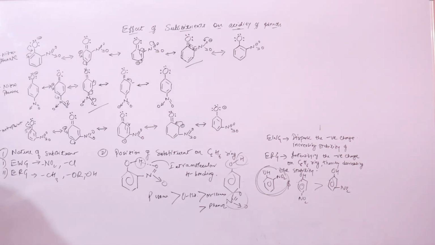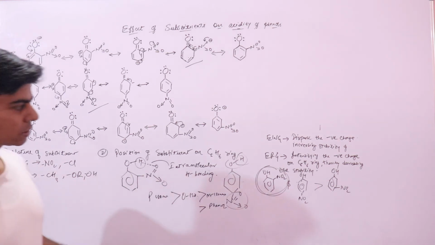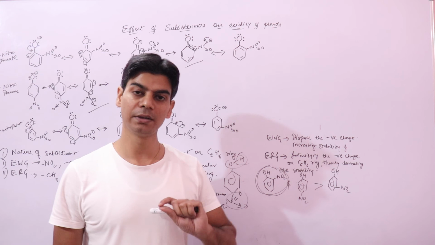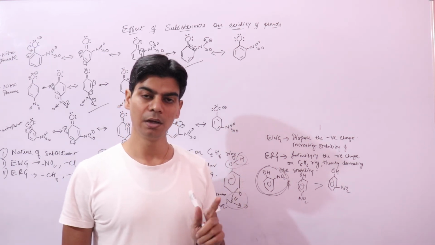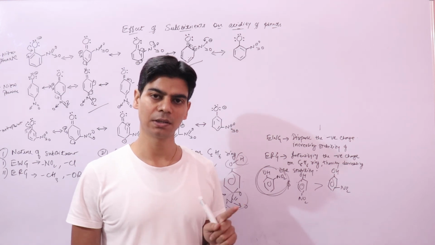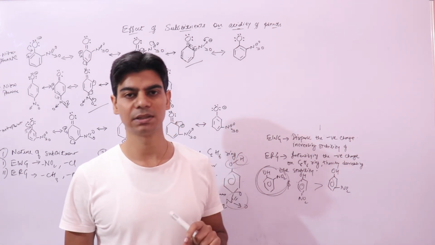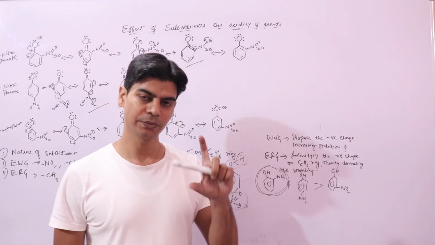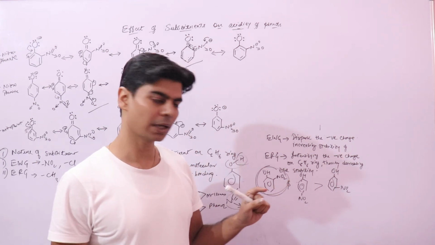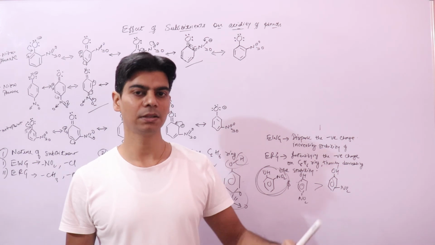As we discussed earlier, the presence of an electron releasing group, a group that releases electrons into the benzene ring, will intensify the negative charge, and when it intensifies the negative charge, it will decrease the stability, because that ion with more negative charge will combine with hydrogen ion and lessen the hydrogen ion.